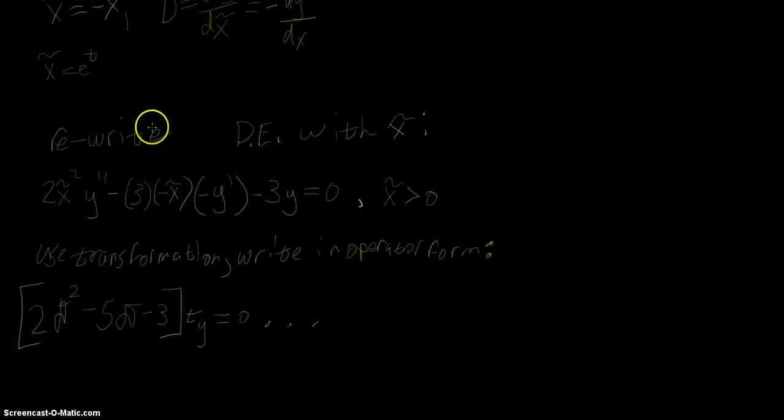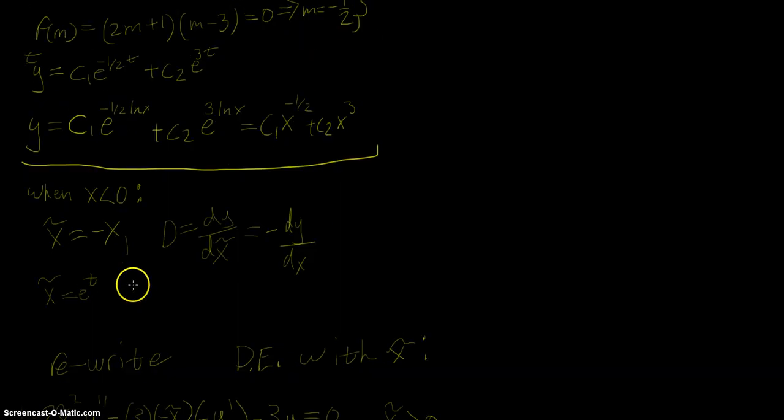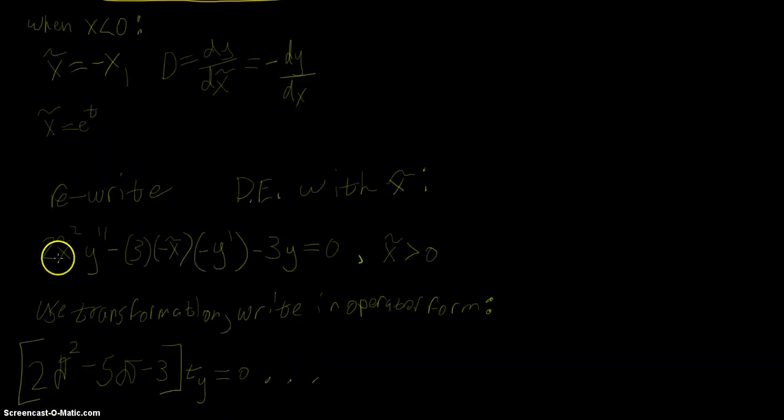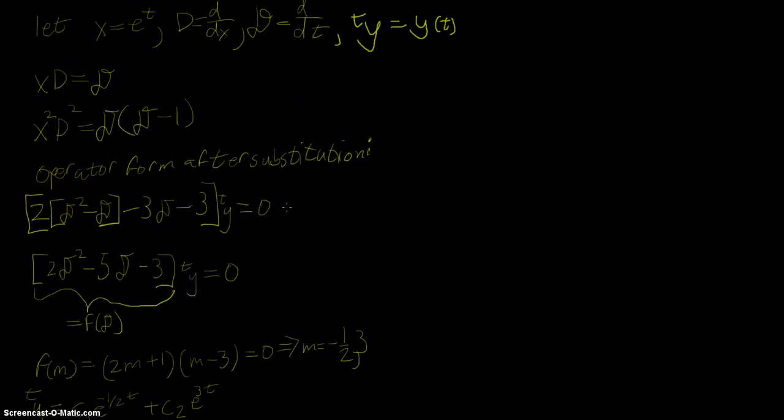So we'll use the transformation x tilde equals e to the t, and we'll then write it in operator form. So it will look just like it did when we solved it up here, because simplified, this is 2x tilde squared y double prime minus 3x tilde y prime minus 3y equals 0.